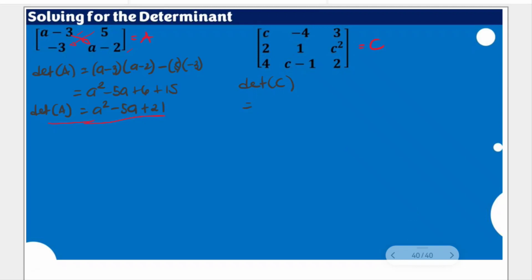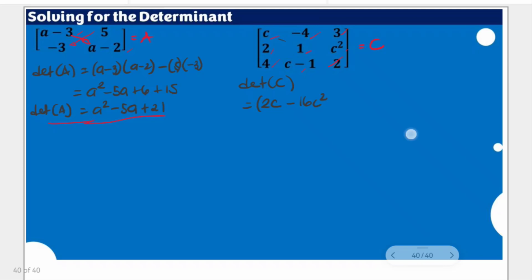So first we have C times 1 times 2. So I have 2C. Next, negative 4 times C squared is negative 4C squared times 4. So you have minus 16C squared. Then 3 times 2, that's 6, times this.